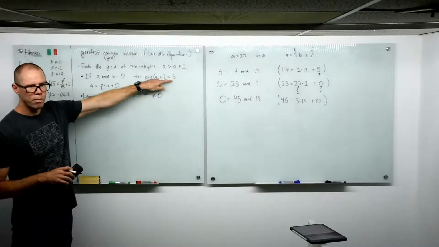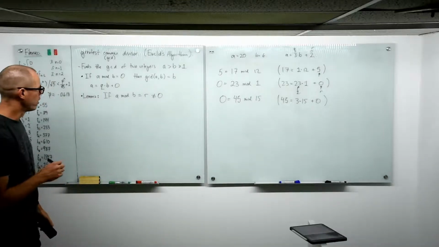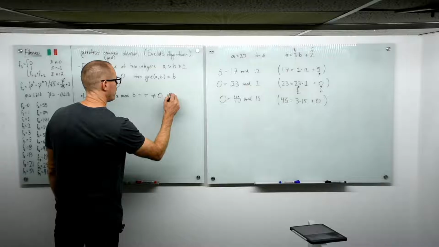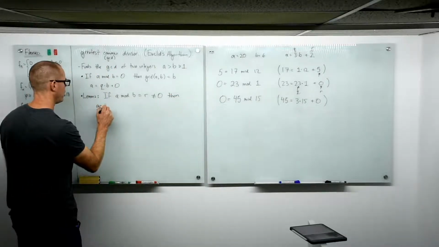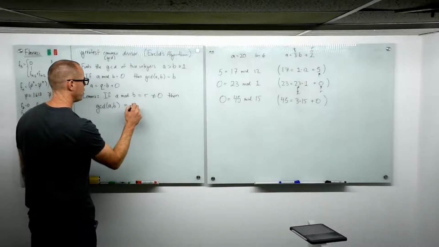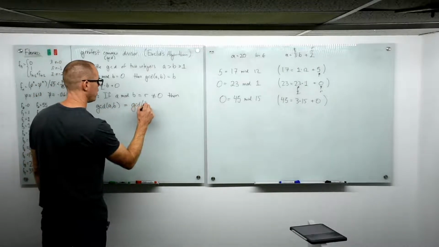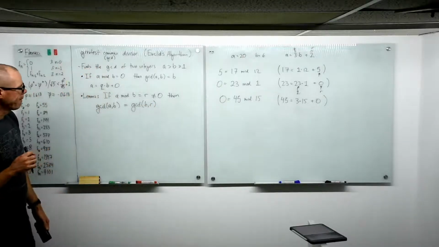The answer is just B. But suppose it's equal to R, which is not equal to 0, then something interesting happens. The GCD of A and B is actually equal to the GCD of B and R.